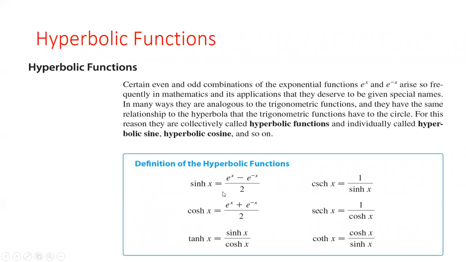And as we know that cosh is a co-function of what? Of sinh. So if sinh has a negative between the two exponential functions, then cosh will be having a positive. It is important for you to understand the difference between these two functions.